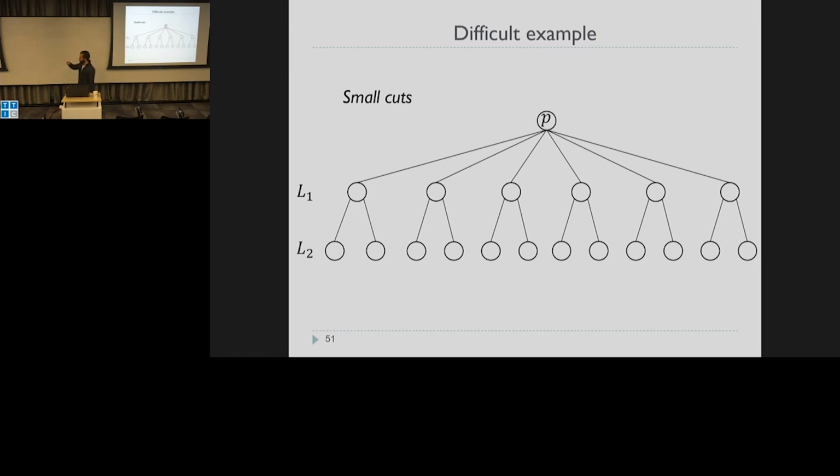If you are guaranteed that for your given graph, the Gomory-Hu tree looks like that, and even if you're given the identity of P, the pivot, and a list of the parents, L1, and a list of L2, the grandkids, getting the precise identities of the nodes would be difficult. As difficult as Gomory-Hu tree.